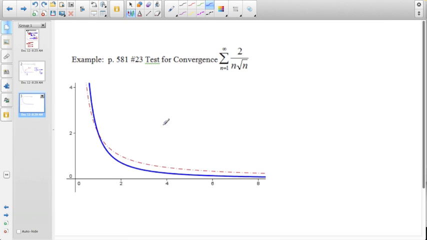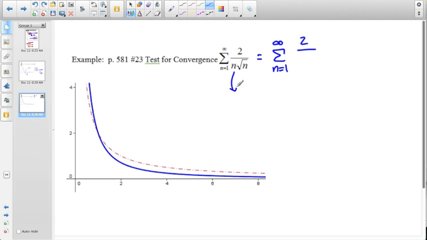If we look at this next example here, we have a series where the value of the power isn't so apparent. Sometimes we can hide the fact that this is a p-series test application by rewriting the power as something else.